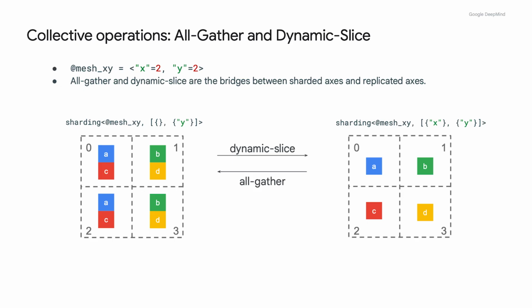From left to right, which corresponds to the dynamic slice, we further partition this tensor along a specific dimension. From right to left, which is the inverse operation of the dynamic slice, which is an all-gather, we replicate the tensor. We remove an axis from the sharding, which makes it replicated.